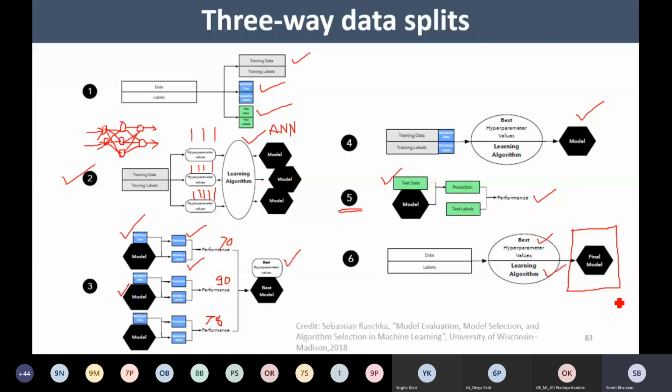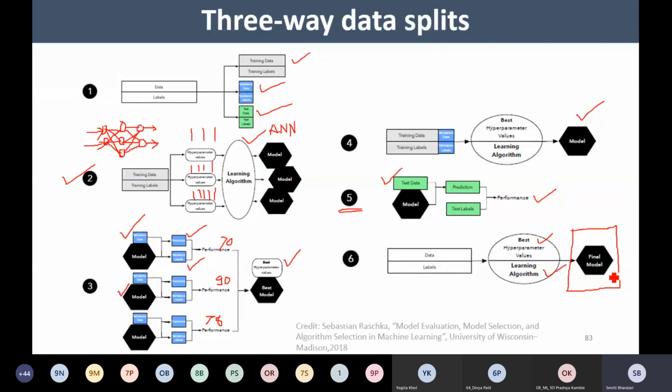So in 3-way data splits, we undergo all those steps until we come up with a final model. In machine learning, the learning algorithm may differ, and based on the learning algorithm we may need to set the hyperparameters, but the entire process that we follow is similar.